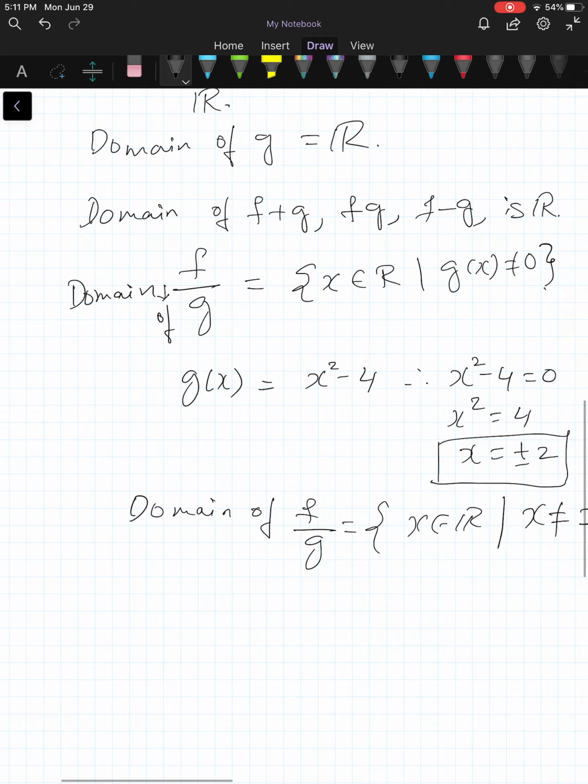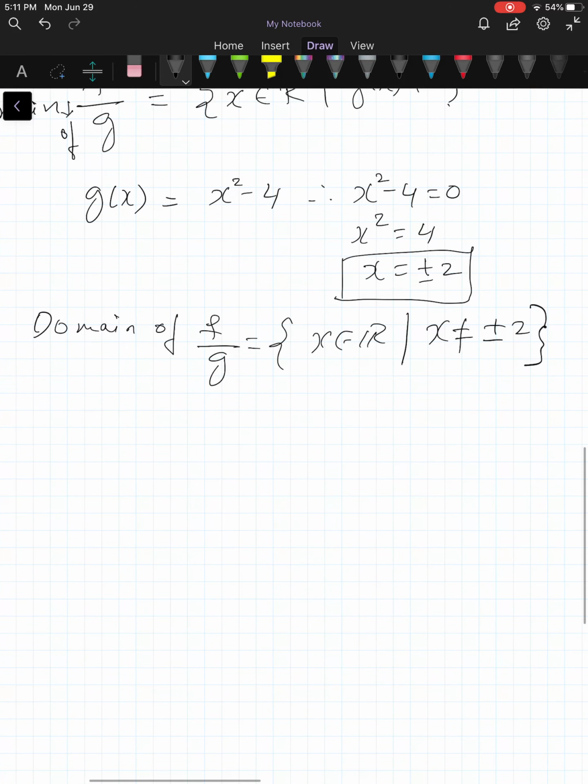So this is how we perform the algebraic operations on given functions. We will do another one, number 14 in the book. This has a square root and is a little complicated.